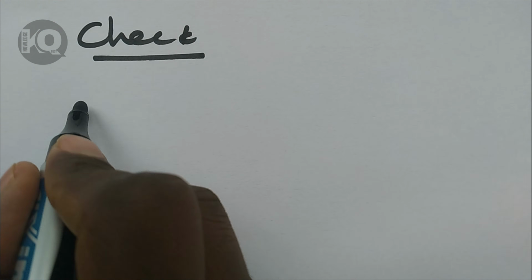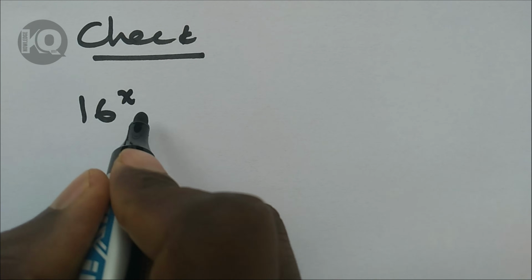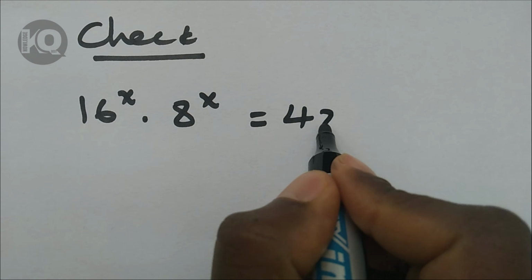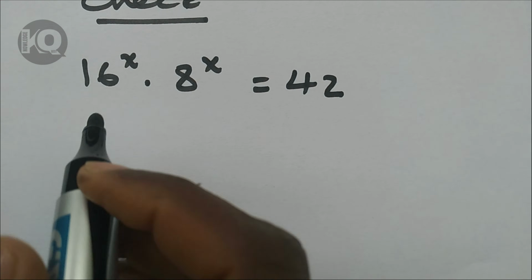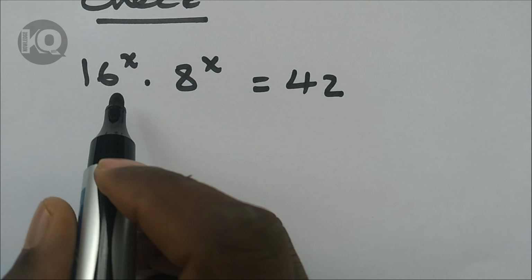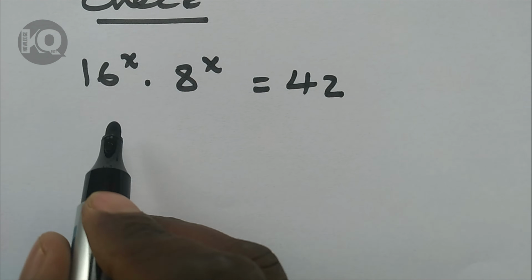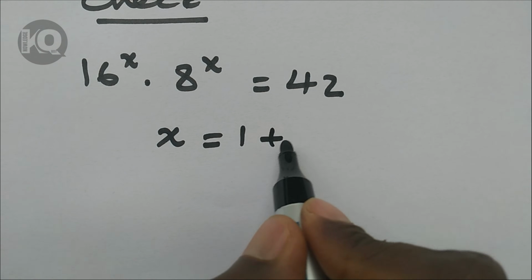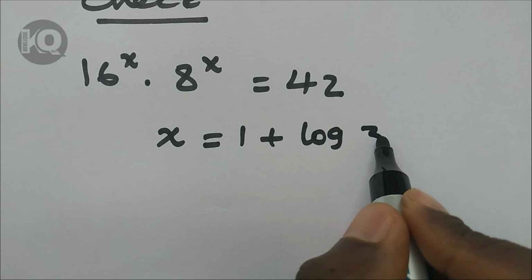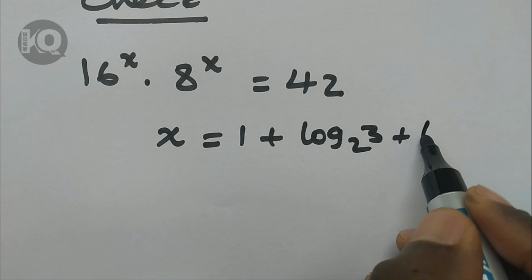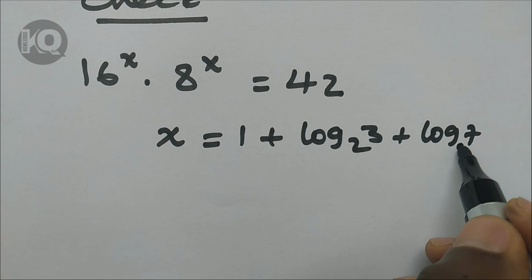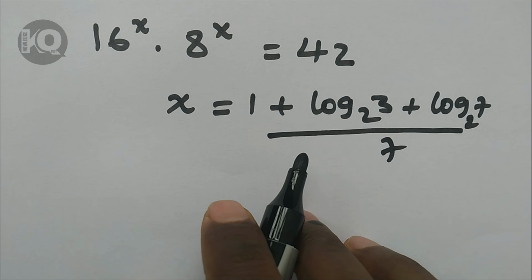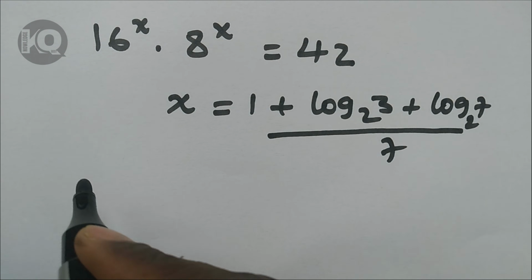So we have 16^x times 8^x, which is equal to 42. We have the x value, which is equal to 1 plus log of 3 to the base 2 plus log of 7 to the base 2, divided by 7. So let's substitute x into this equation.